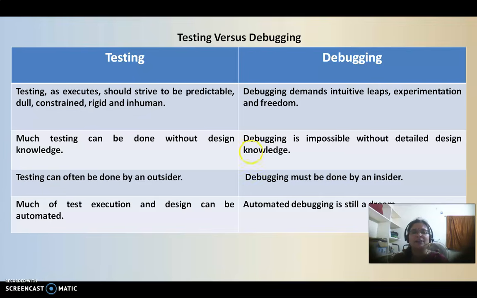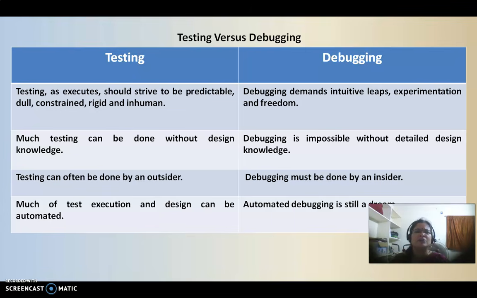But in debugging it must be done by the programmer; he should know each and every step pinpointingly. Next, much of the test execution and design can be automated. We have so many automated testing tools in the market, like WinRunner and LoadRunner for server testing, QTP (QuickTest Professional), and SilkTest for Java, and all these things.